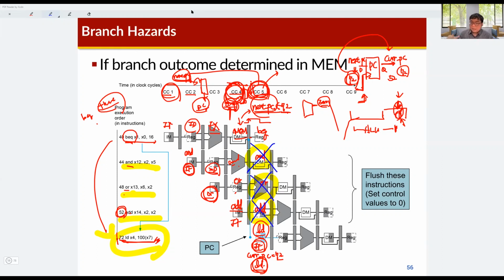So that means and becomes nop, or becomes nop, add becomes nop. So that means it's a bubble. Those are bubbles.